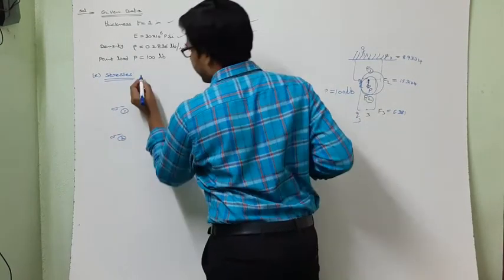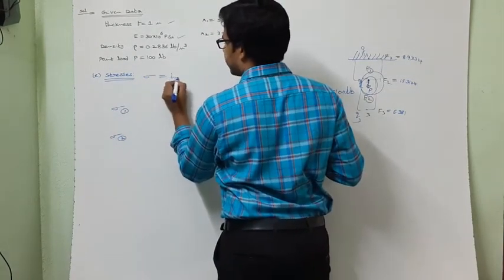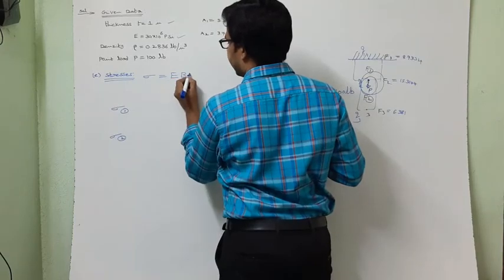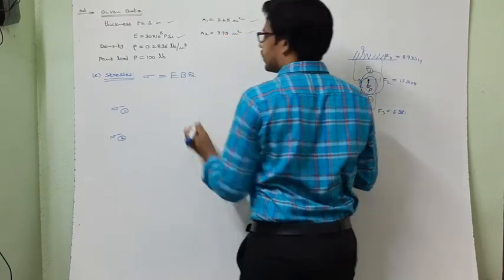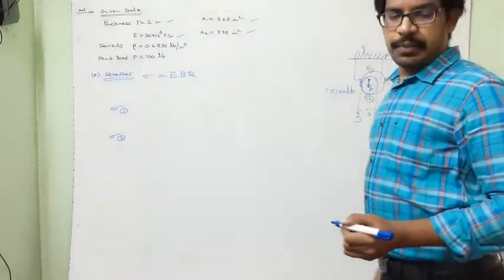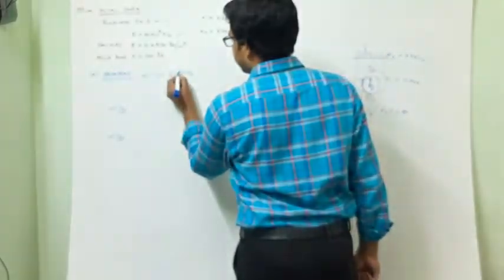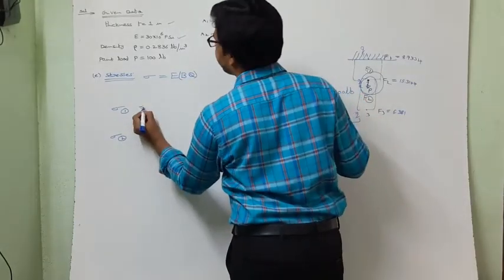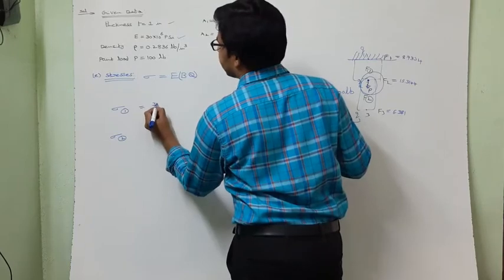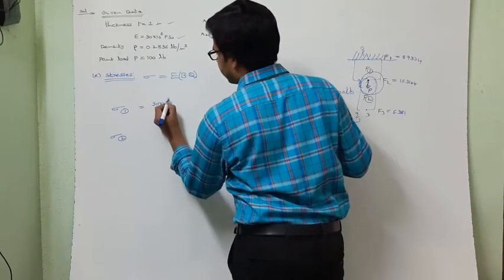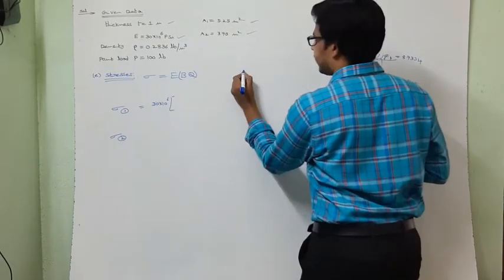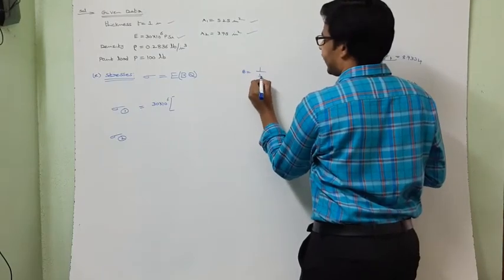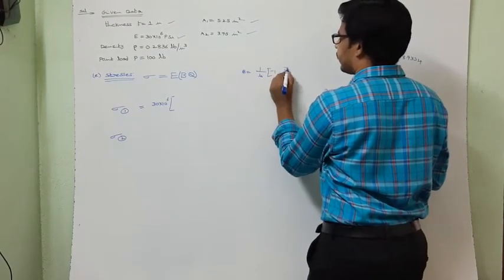That means stress 1 and stress 2. So what is the formula for stress? Sigma is equal to EBQ. So here E is equal to 30 into 10 power 6 and B value, so here B is equal to 1 by LE minus 1 1.